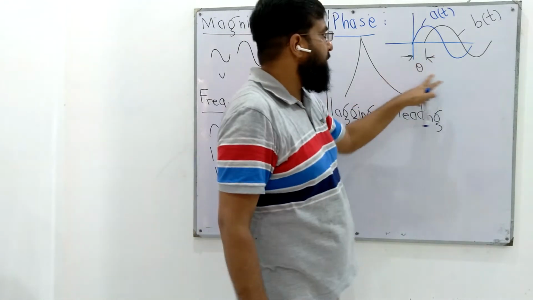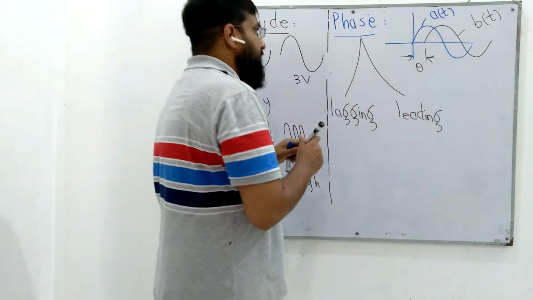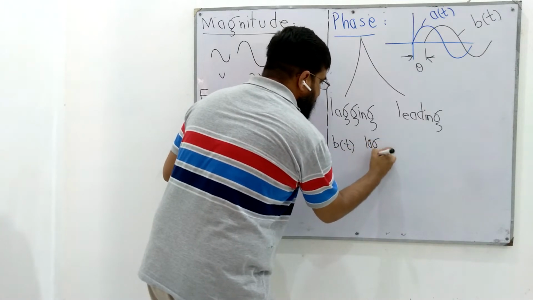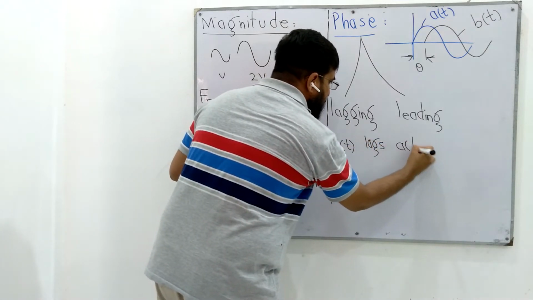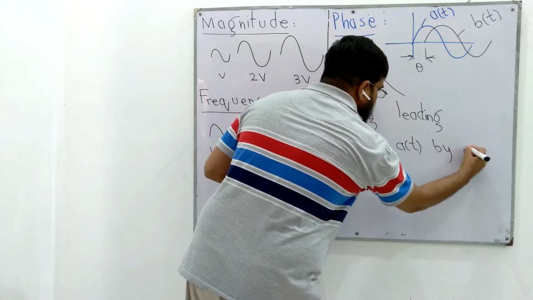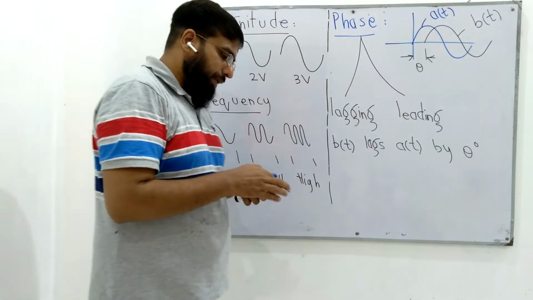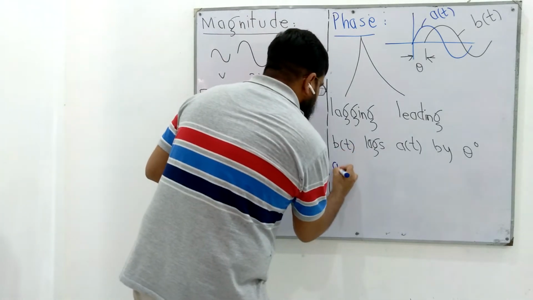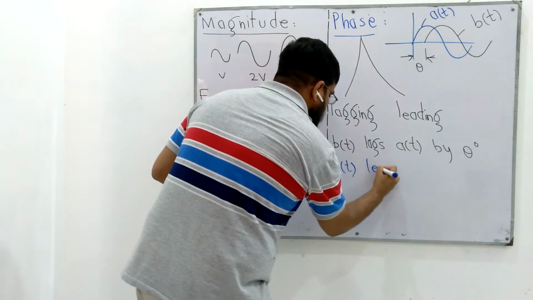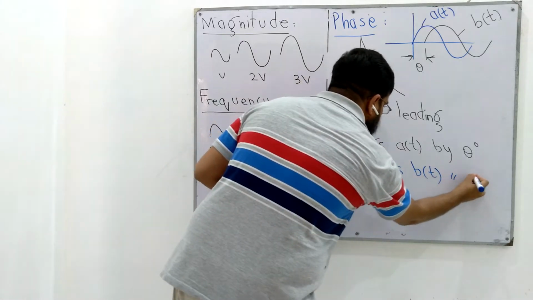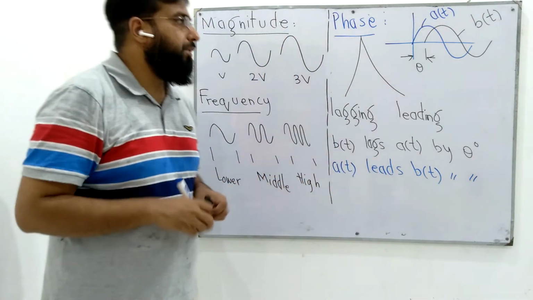It starts after some time theta. So we say B of t lags A of t by theta degrees. Or in other words, we can write A of t leads B of t by the same theta degrees.